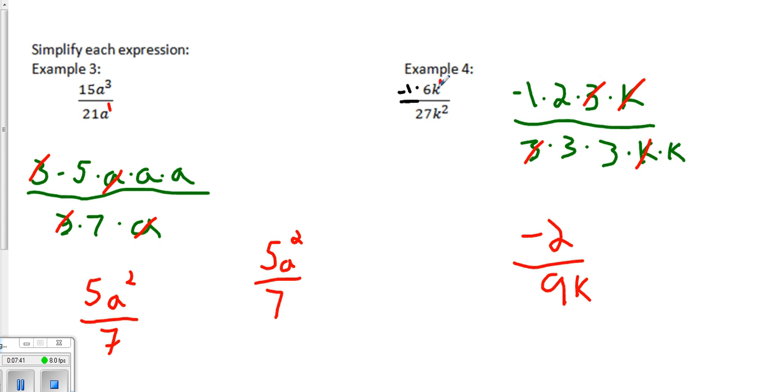We take 1 away from the 2, so it's left down here. 6 over 27, divide 3 out of each of those, and we're left with 2 over 9. And then the -1 still applies to the top, so it'd be -2 over 9k. Again, either way, you can factor it all out, or just remember your rules from polynomial division.